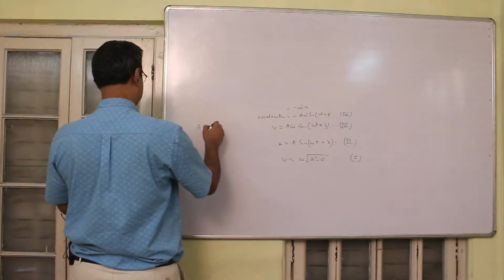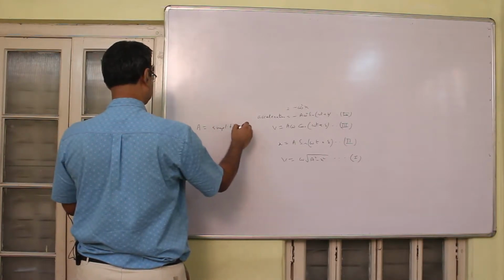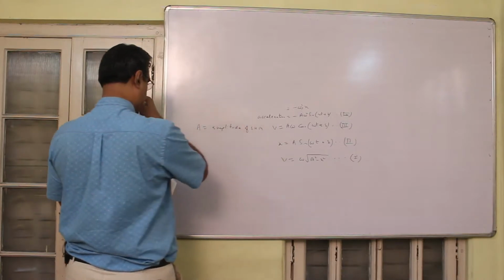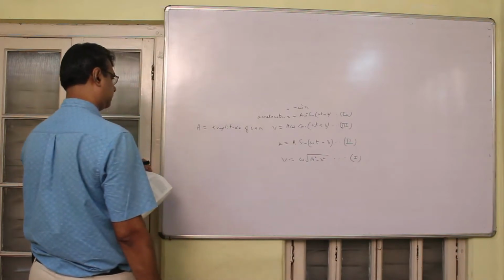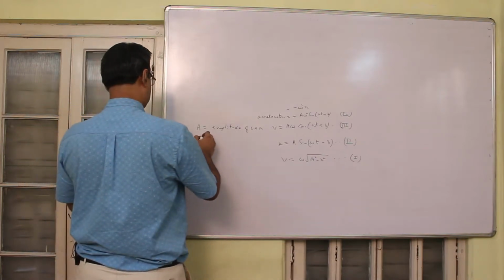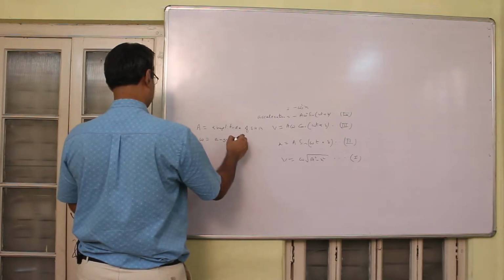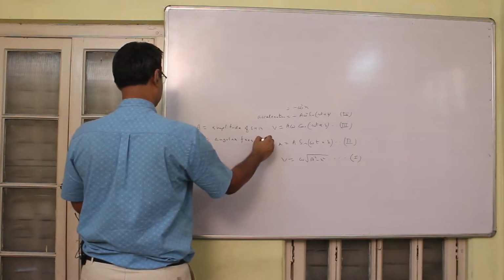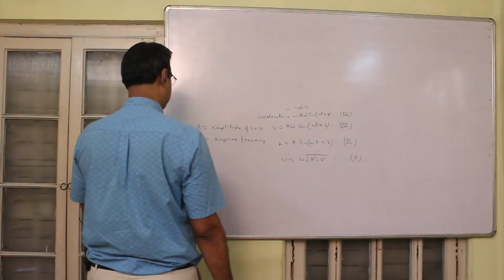A is called the amplitude of simple harmonic motion. Then omega is called the angular frequency.